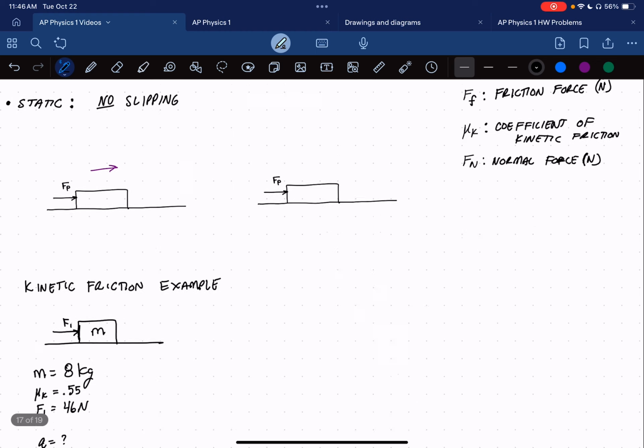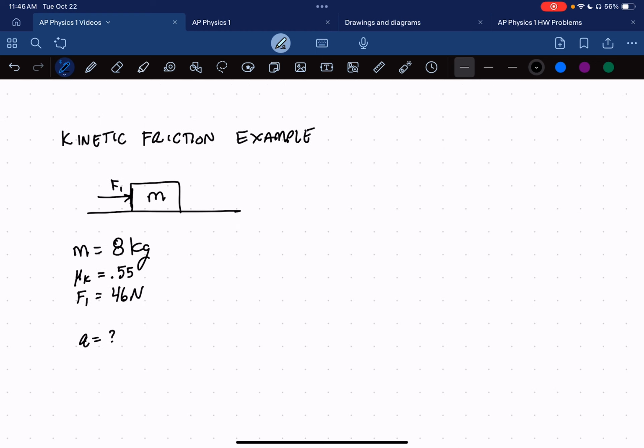Cool, let's jump right into an example with kinetic friction. So we want to imagine that this thing is slipping across the surface. Mass is 8 kilograms. The coefficient of kinetic friction is 0.55, and we're pushing on it with a force F1 of 46 newtons. Okay, and so what is the acceleration of the block?